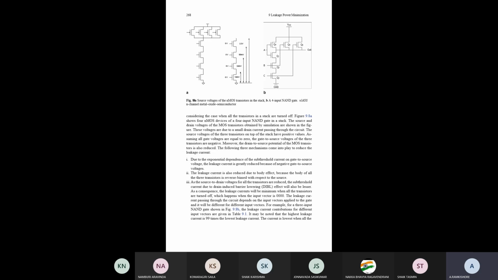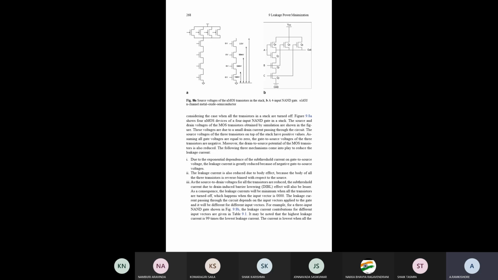That is about today's class, the VT-CMOS approach. In what way are we controlling the leakage power? By maintaining the VT-CMOS approach and the stacking approaches, we learned what is meant by stacking and how it will be controlled.